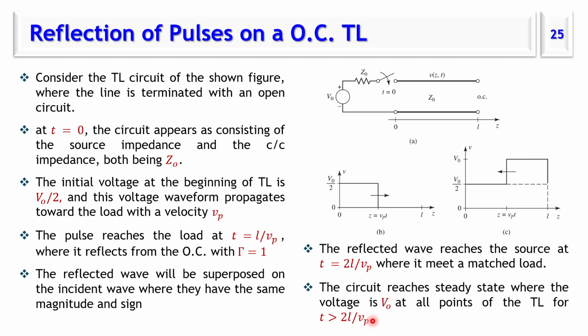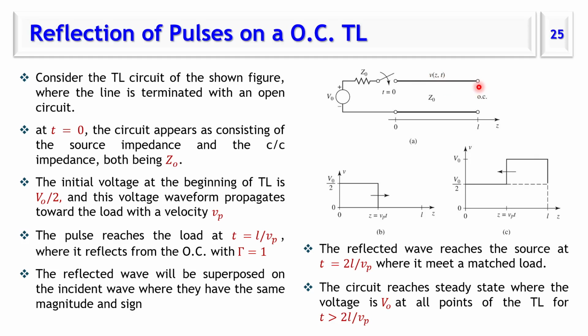Let us consider the other case of an open circuit terminated transmission line. At the beginning, at time equals 0, it is the same. No difference. The source sees internal impedance in series with characteristic impedance Z0. So we have V naught over 2 propagating over the transmission line.